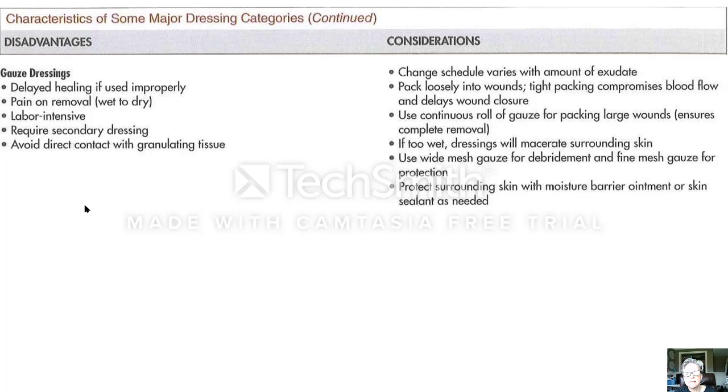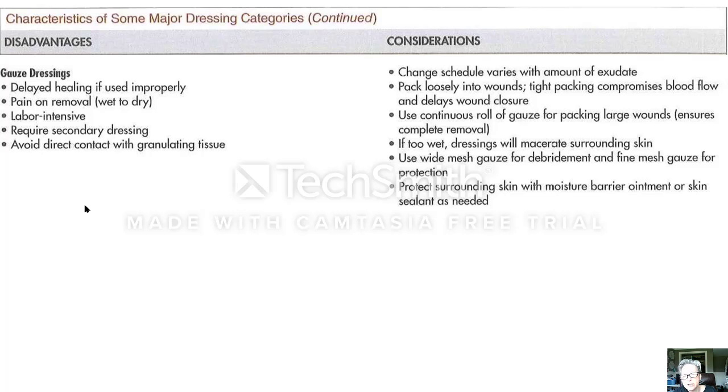Considerations: change schedule varies with the amount of exudate, pack loosely into wounds, tight packing compromises blood flow and delays wound closure. Use continuous roll of gauze for packing large wounds. Ensures complete removal.